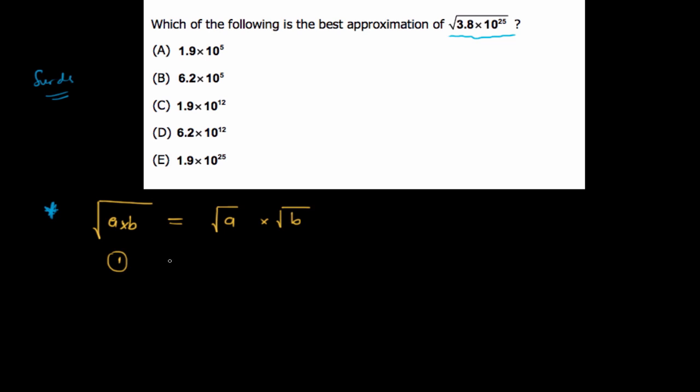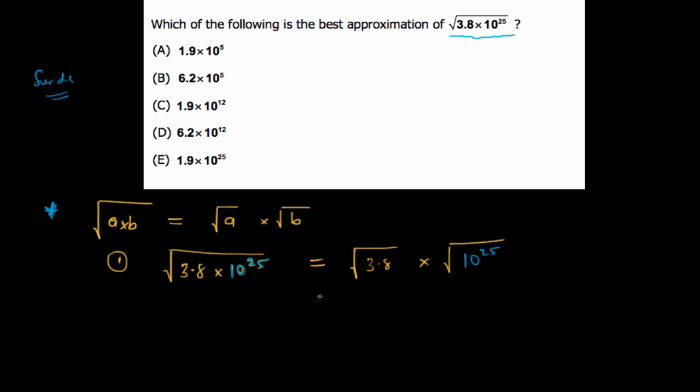Assuming you are told to find the square root of 3.8 times 10 to the power 25, since you want to share this root sign, let me denote this as 3.8 and this as 10 to the power 25, so that we'll see the way it's being shared. This gives us the root of 3.8, using this law here, times the root of 10 to the power 25.